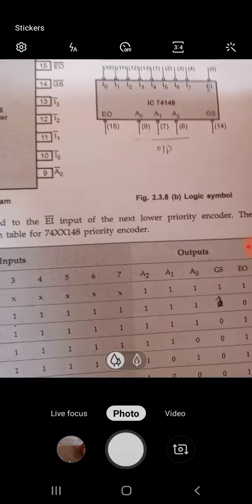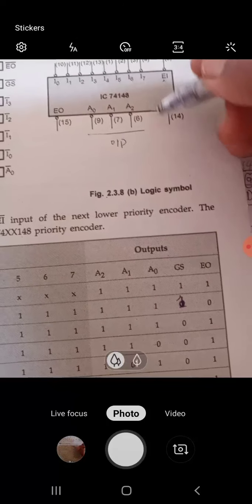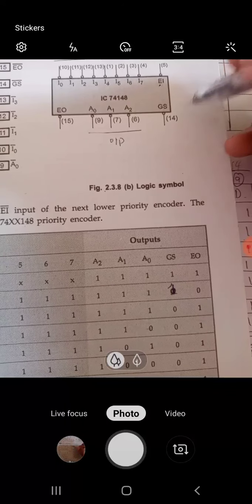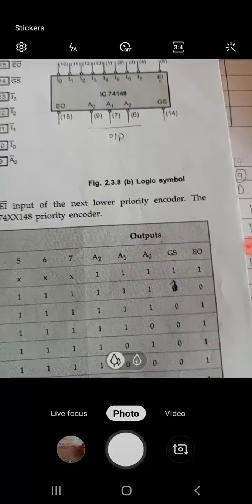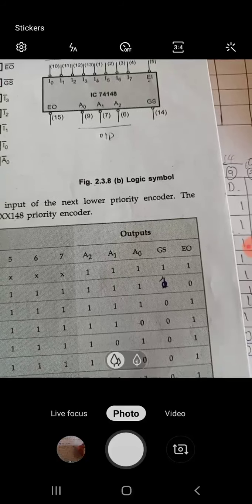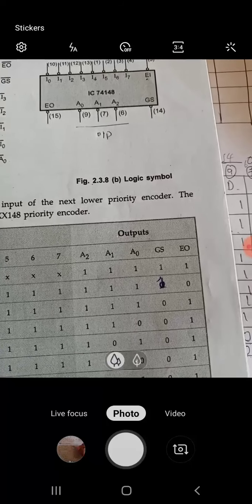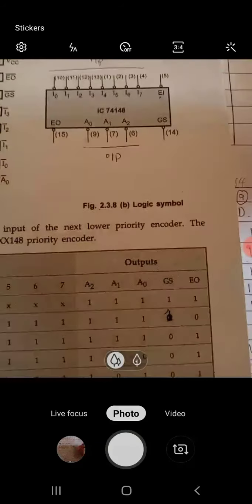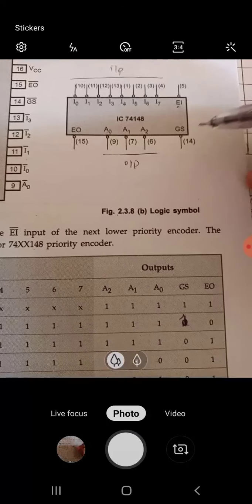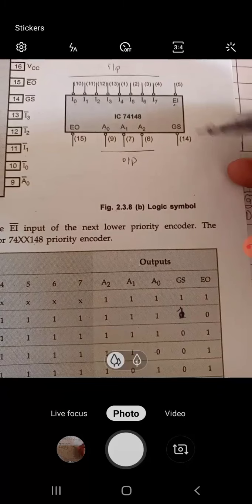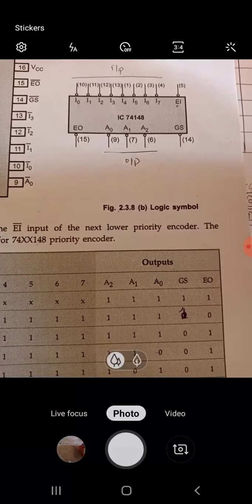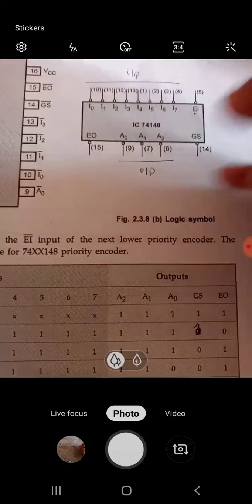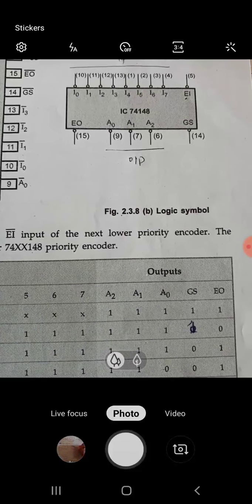Next you have one more signal, that is GS, called the group signal. It is asserted when the device is enabled and one or more inputs are active. When more inputs are active, at that time you have this signal GS asserted. And one more thing, you have EO, which is nothing but enable output.